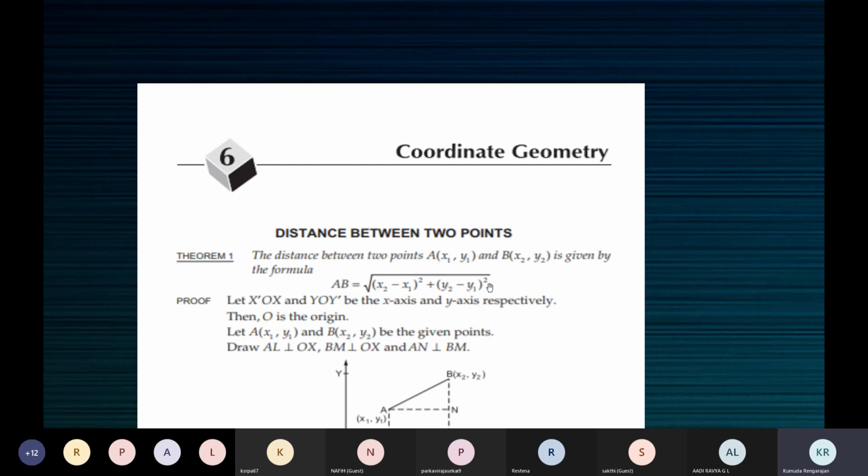So it's okay. We could write this one first and then this. So you can also treat this as square root of the difference between ordinates, the whole square, plus the difference between abscissae, the whole square.